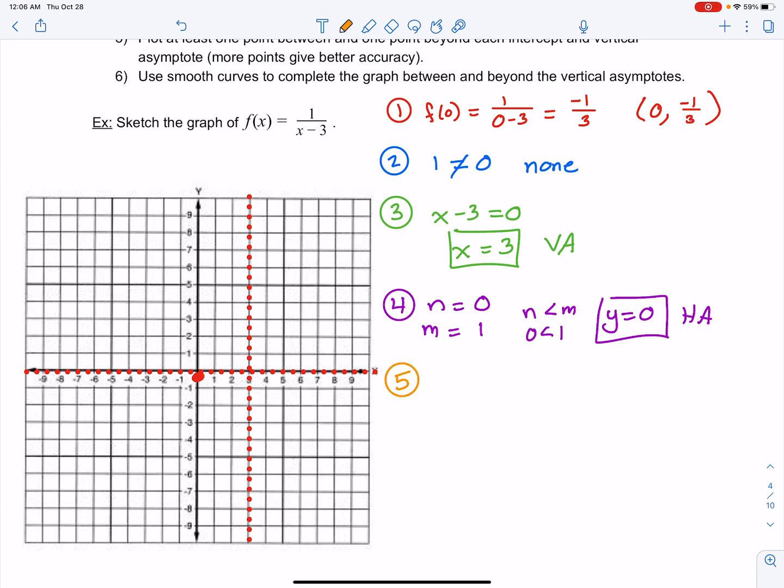So if we look to the left of our vertical asymptote, we pick some x values, plug them into our function to get some y values. We could pick like 2 and 1. We already know what we have at 0. So if we put 2 in, we'd get negative 1.